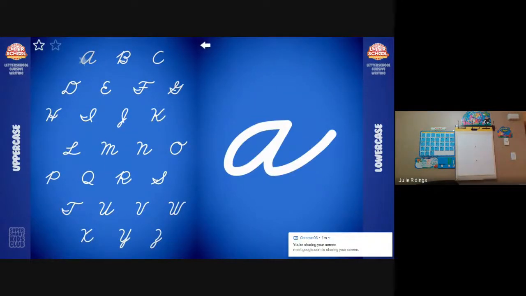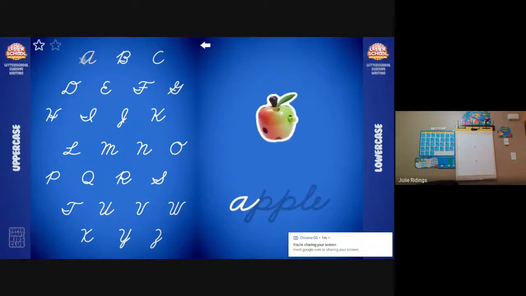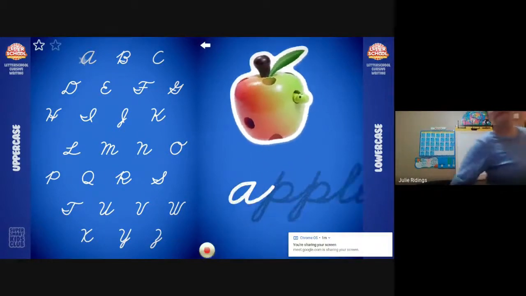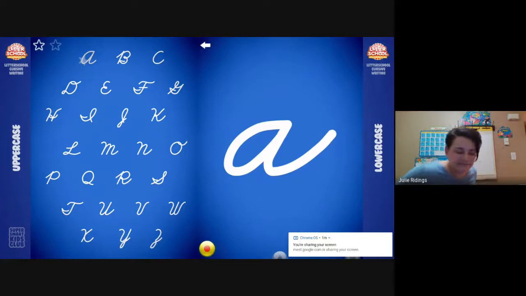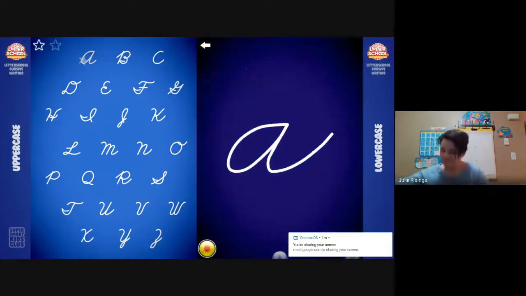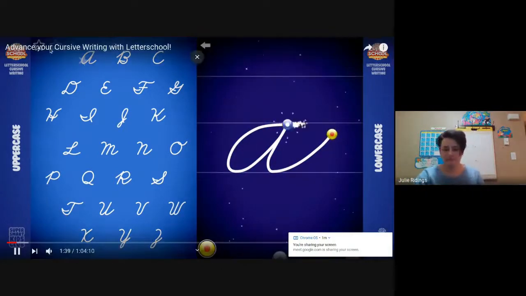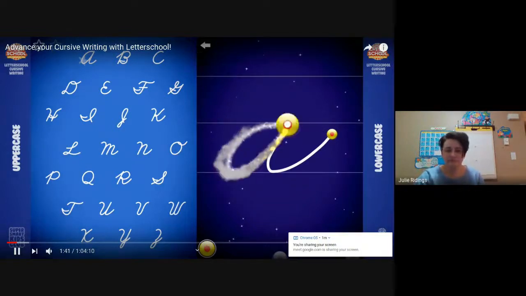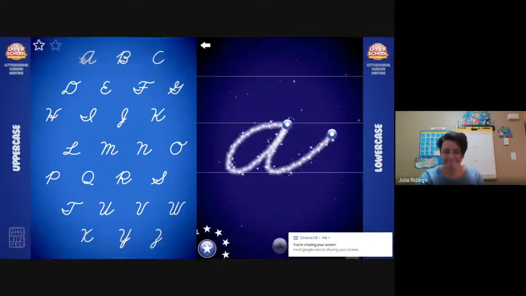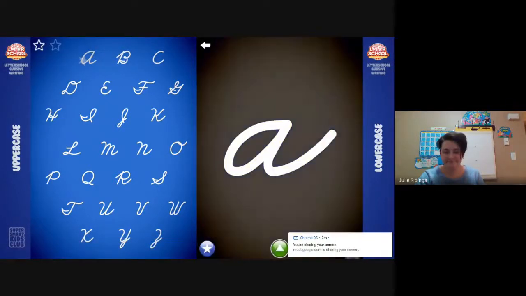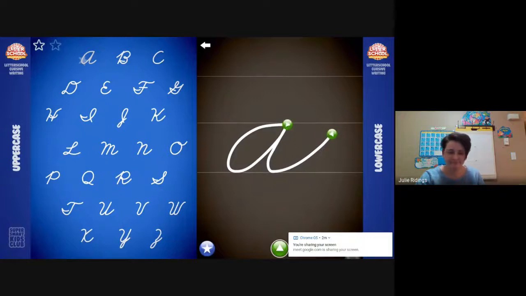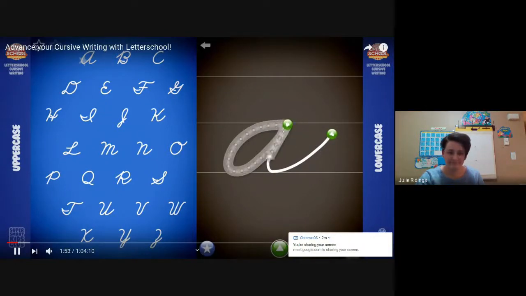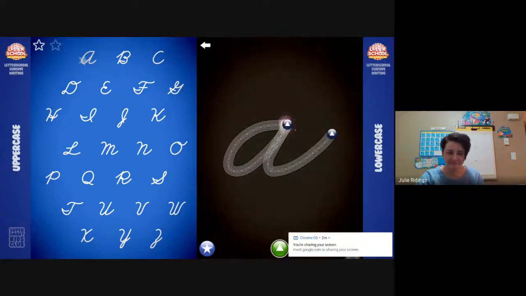This is the letter A for apple. Lowercase. Ready, Georgia?